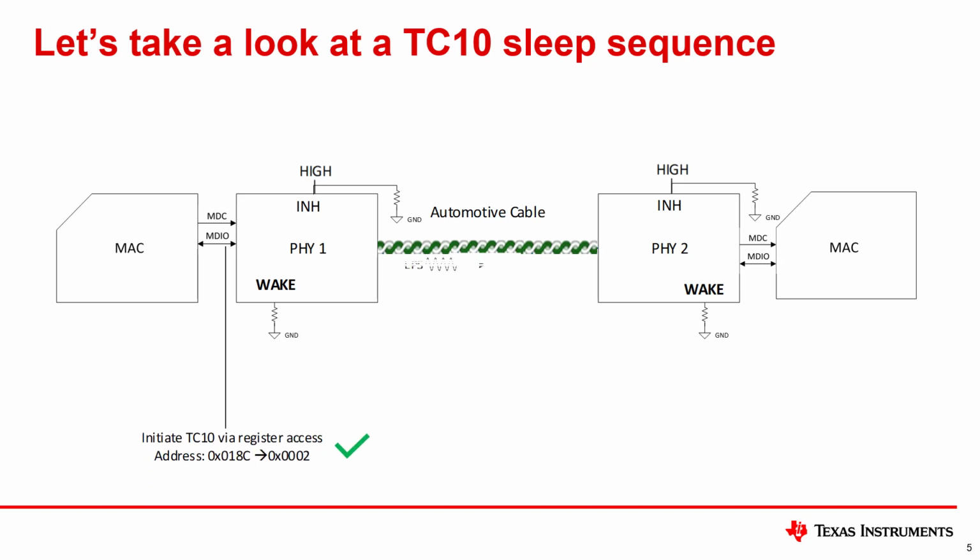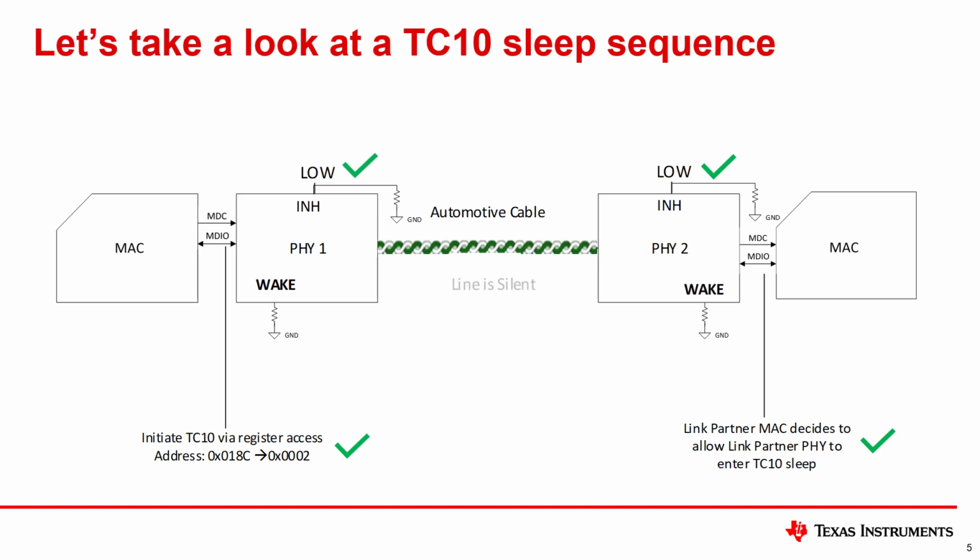The link partner PHY informs its MAC of an LPS signal being received. The link partner MAC decides to allow the link partner PHY to enter TC10 sleep. The link partner stops sending idles, and the inhibit pin goes low. Then the host PHY detects that idles have stopped and enters TC10 sleep, and both inhibit pins will go low.